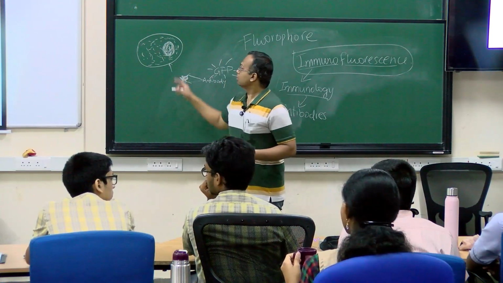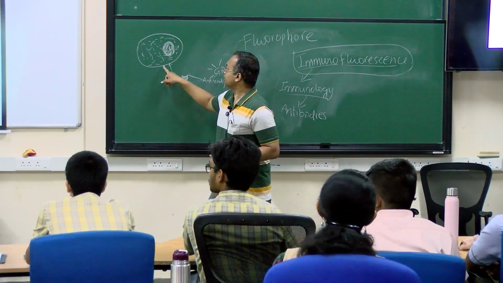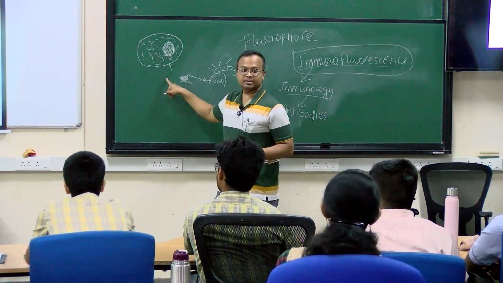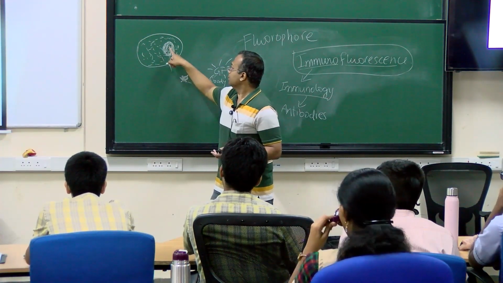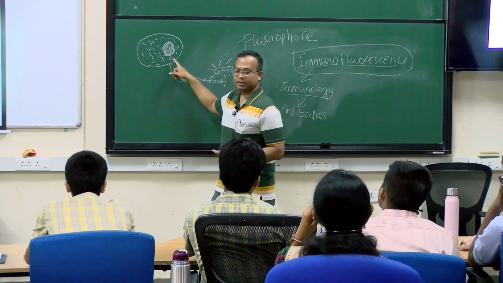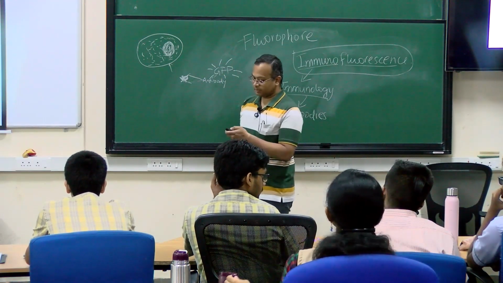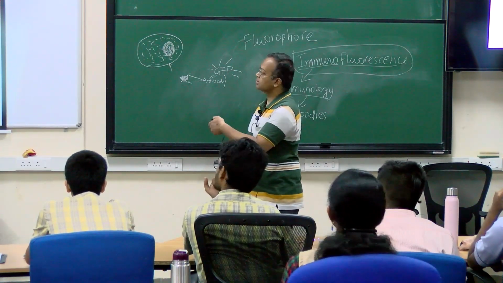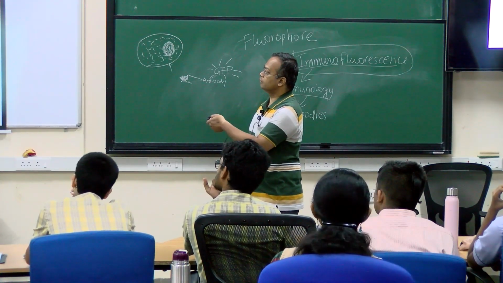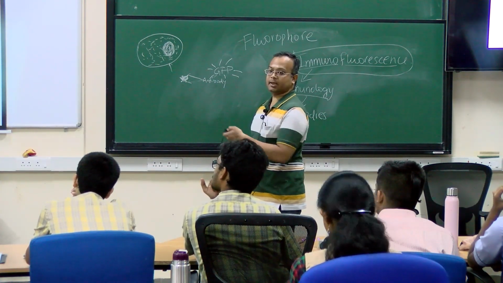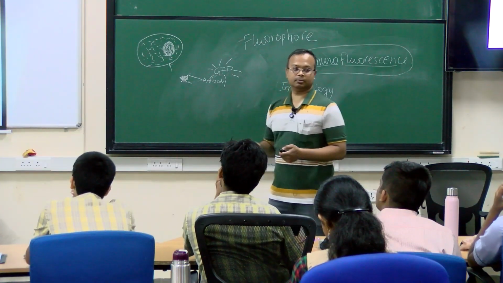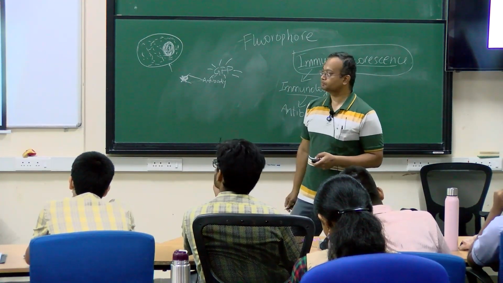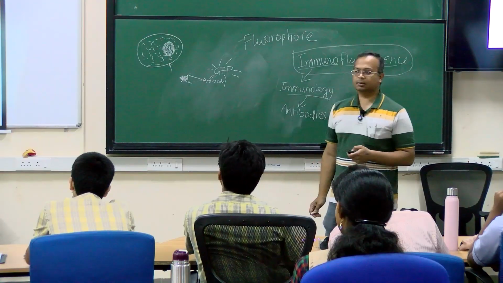So the cell membrane is one color, the nucleus is another color, and the mitochondria is another color. From this list of fluorophores, I can choose which colors I use for which part of the cell. Is this clear so far?